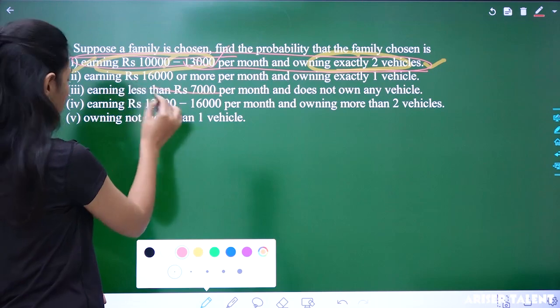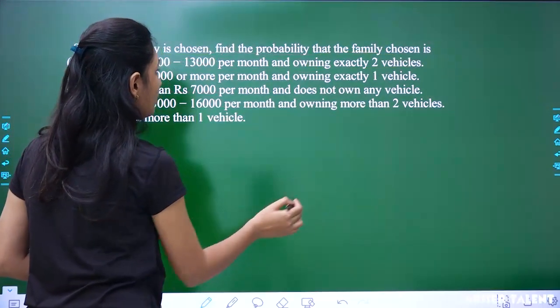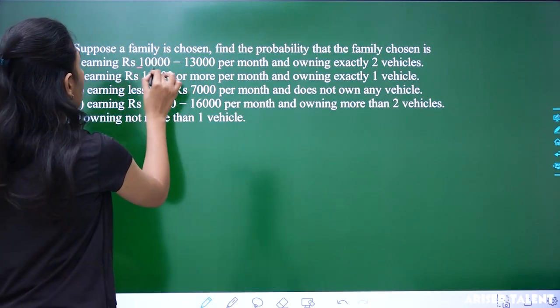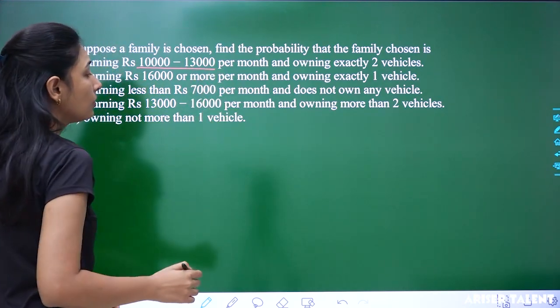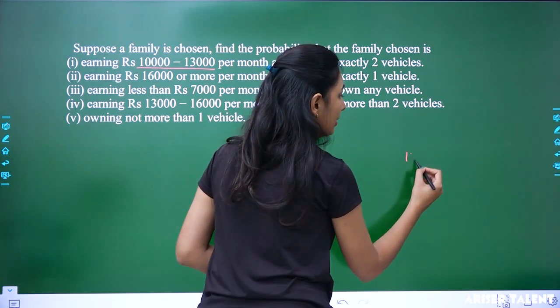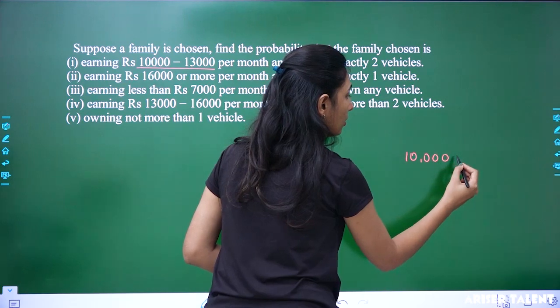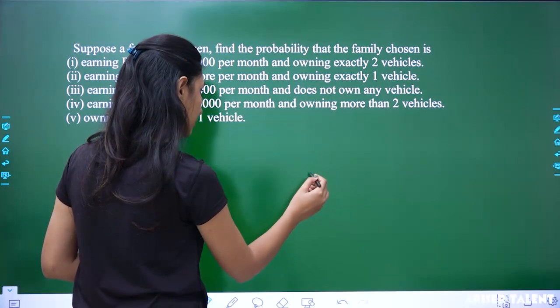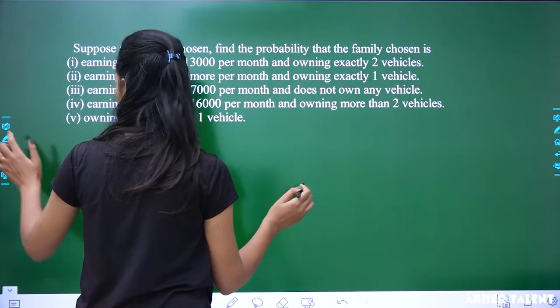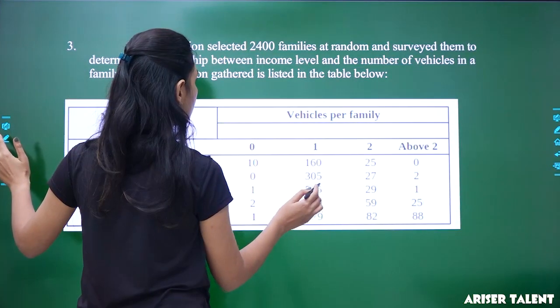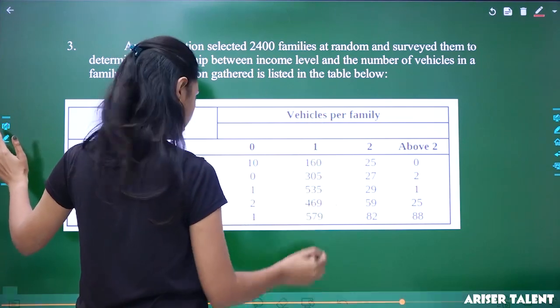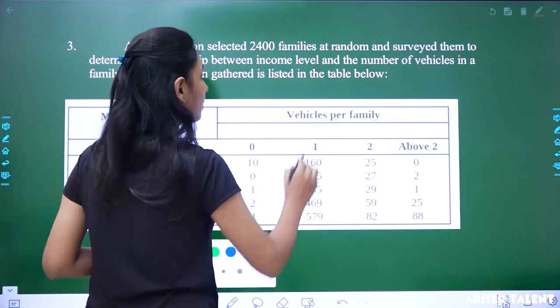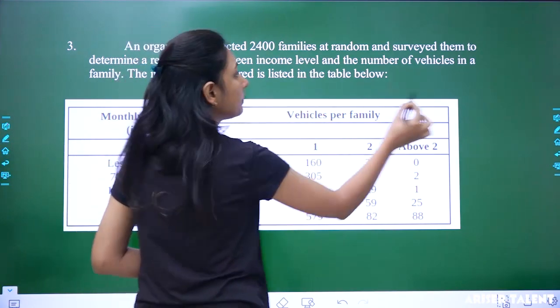First thing is you're having 10,000 to 13,000. Let me write it here.